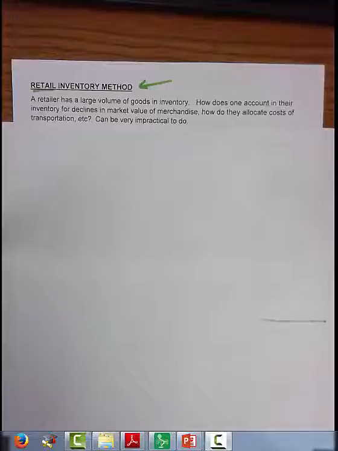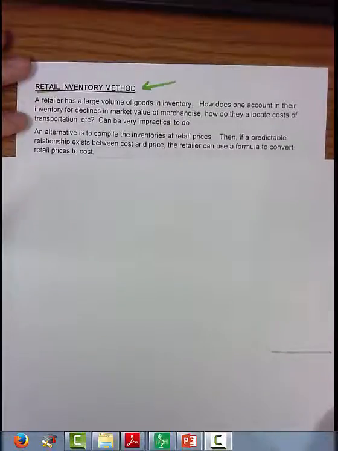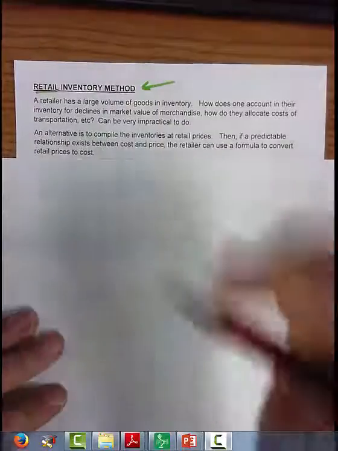So one thing they can do is utilize what is called the retail inventory method. They can compile the inventories at retail prices. Let me say that again. They can keep track of their inventory at retail prices.